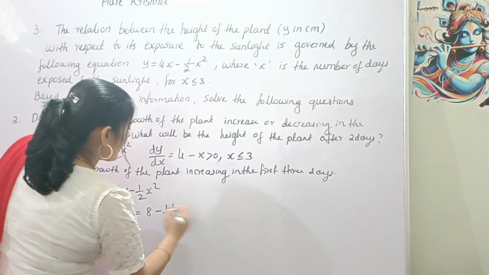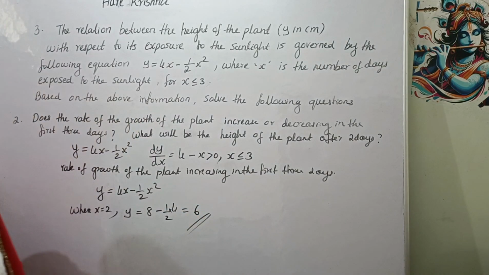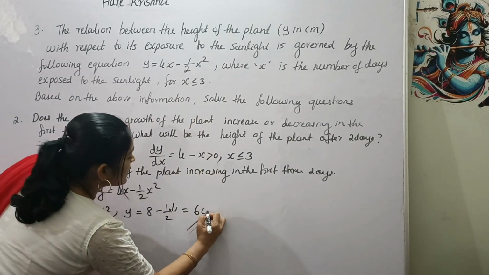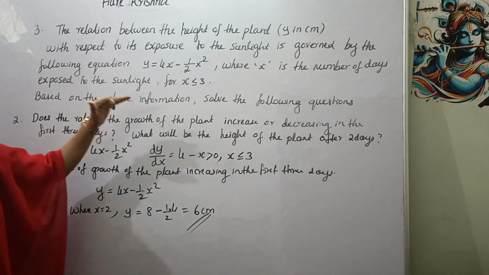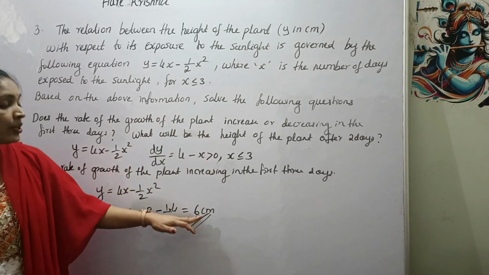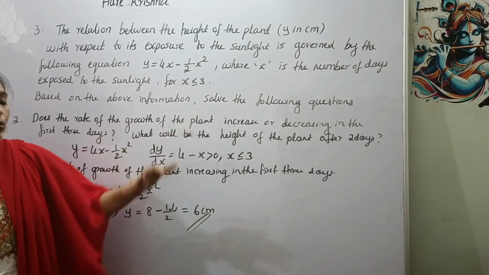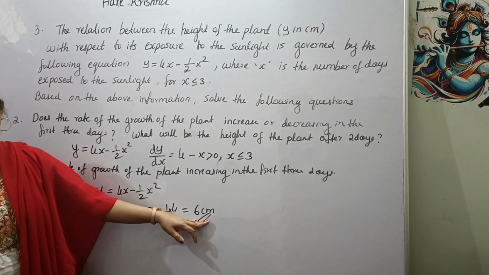That is equal to 8 minus 2, 6. Here y is in centimeters, right? So the height of the plant after 2 days is 6 centimeters.